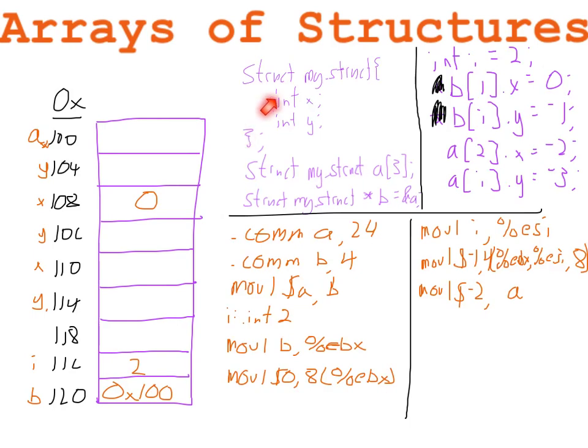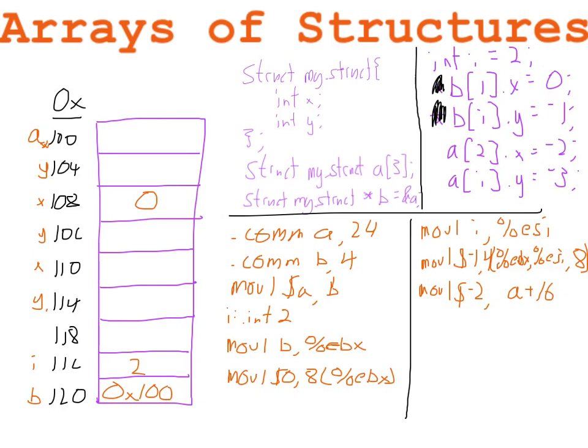This structure consists of 2 integers, therefore the size of each structure is 4 plus 4, the size of each integer, which is 8 bytes total. So the addition that we perform to the right of this variable A should be the address of A plus 8 bytes for each structure times the number of structures we want to skip, which is just the index of 2. So 8 times 2 is 16.